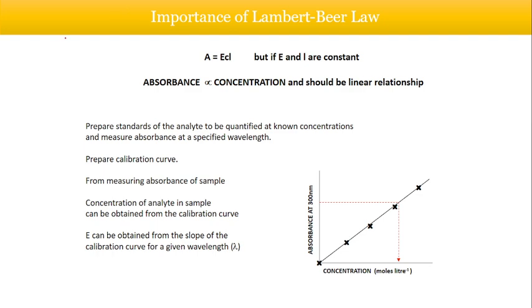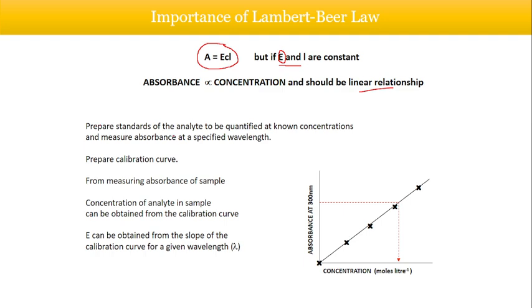Here we have considered that epsilon and L are constant, whereas we actually want to find out this epsilon value. We know the equation absorbance equals epsilon Cl, and absorbance is proportional to concentration with a linear relationship. So how do we do it?